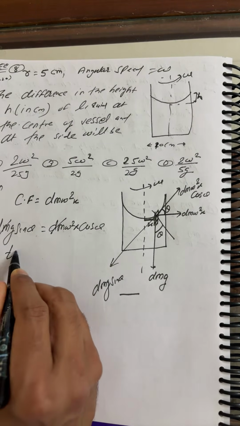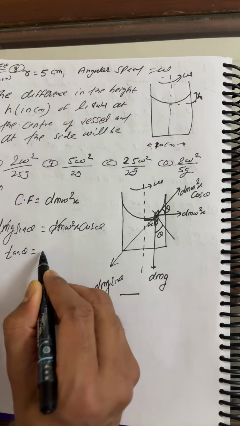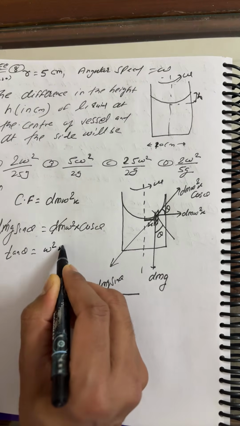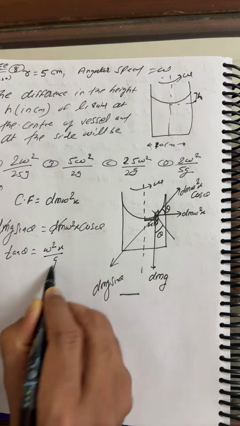You can write tan theta equals omega square x by g.